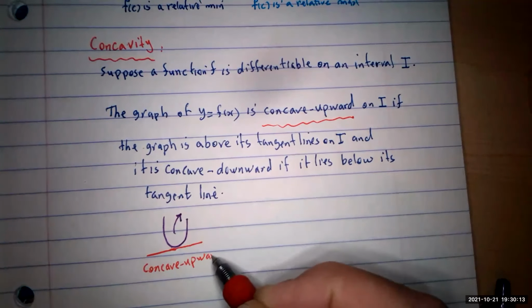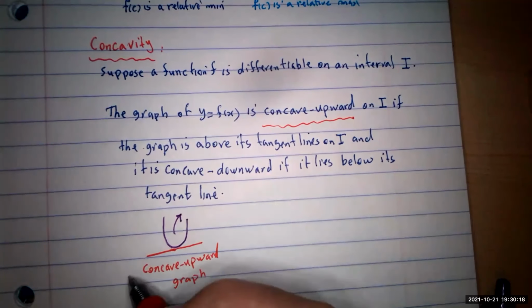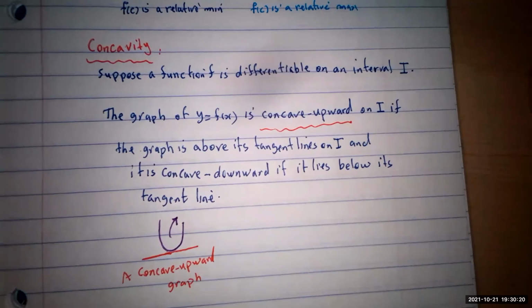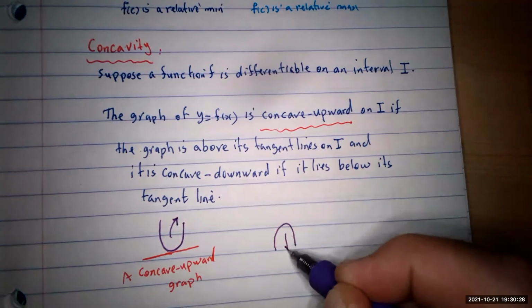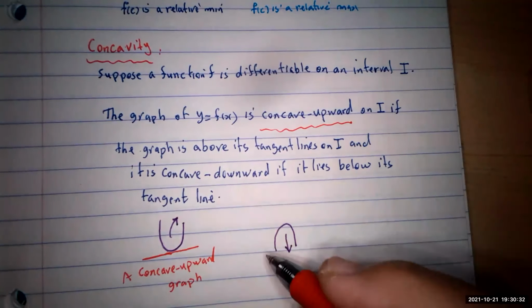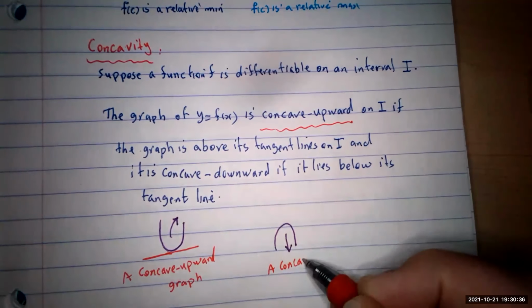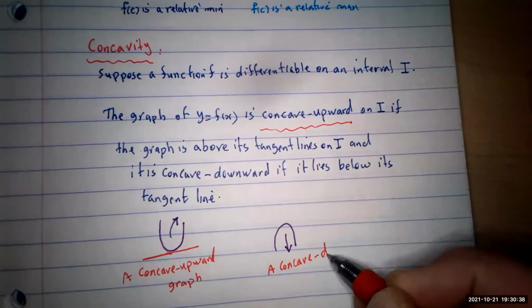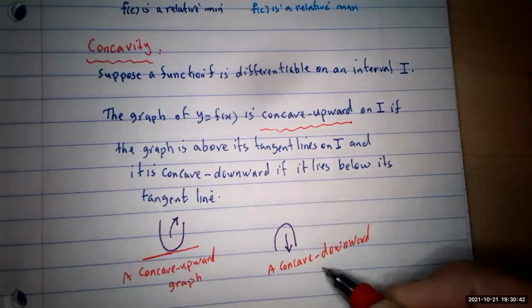So this is going to be a concave upward graph. And if your graph is going to be curving down, in this case we say it's concave downward, a concave down or curving down graph.